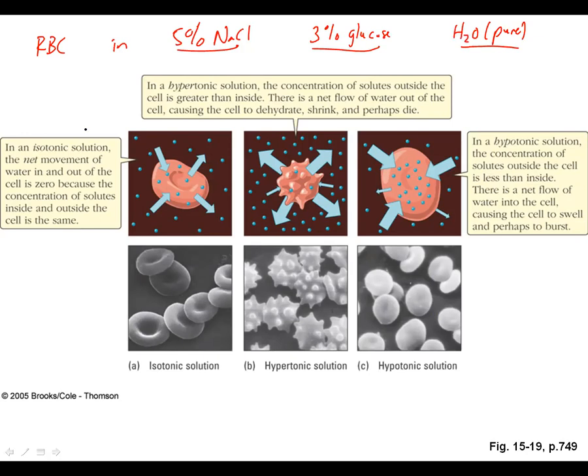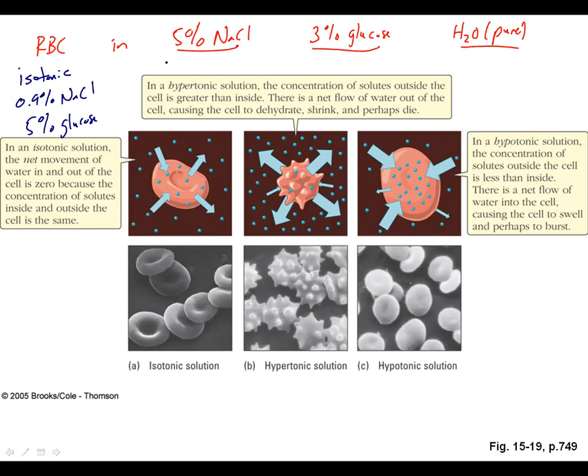All right, so let's take a look. So remember that isotonic solutions, the important numbers are 0.9% sodium chloride and 5% glucose, right? So if we put our red blood cell in a 5% sodium chloride solution, 5% is much higher than 0.9%.